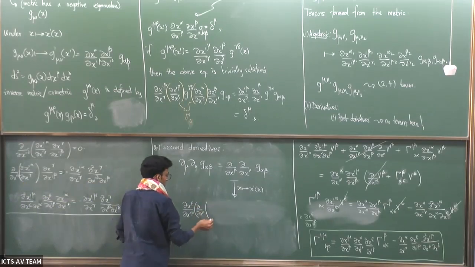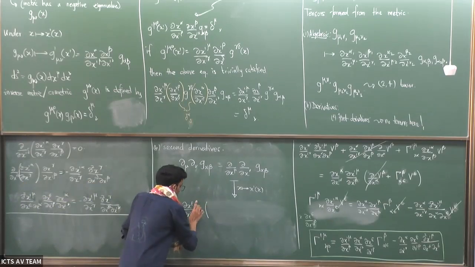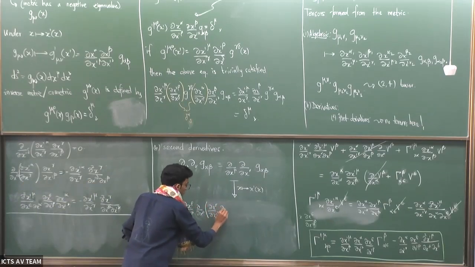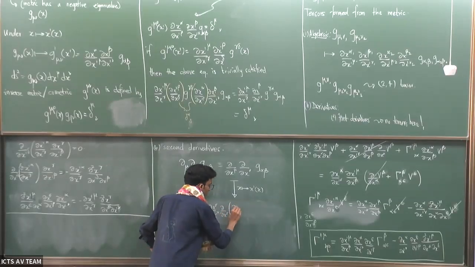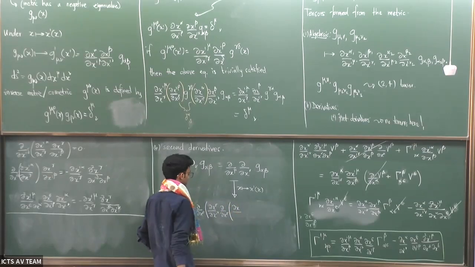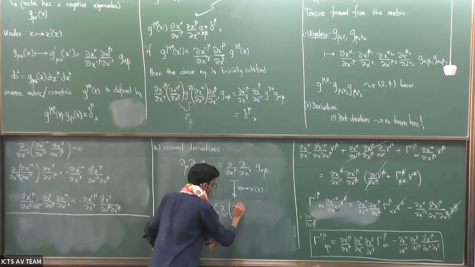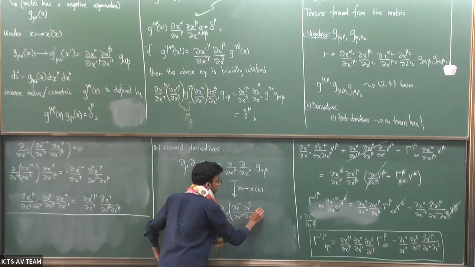And then the second derivative transforms with a del x sigma over del x prime nu del over del x sigma. And then the metric also transforms, which gives you a del x gamma, del x delta over del x prime beta, del x prime alpha, gamma.